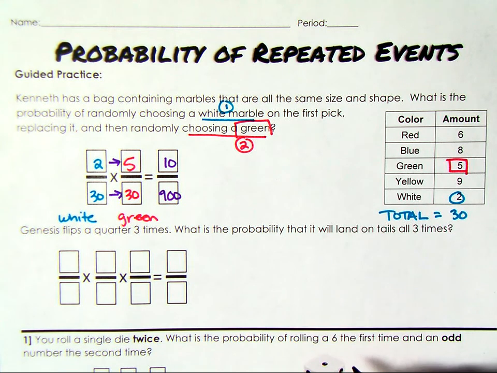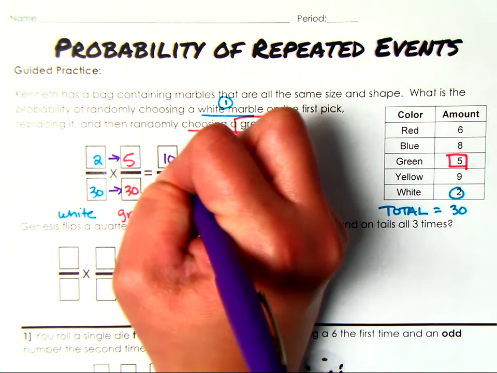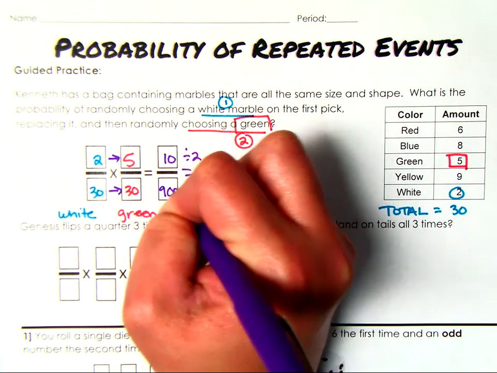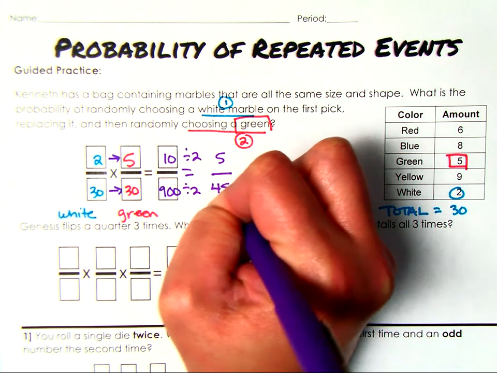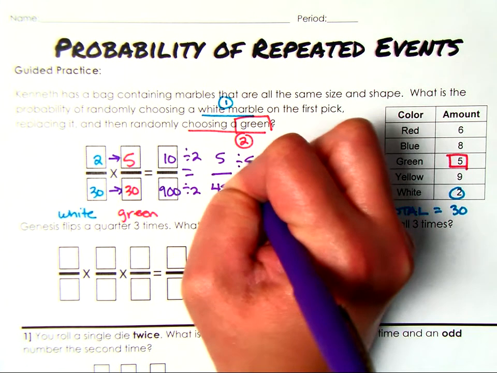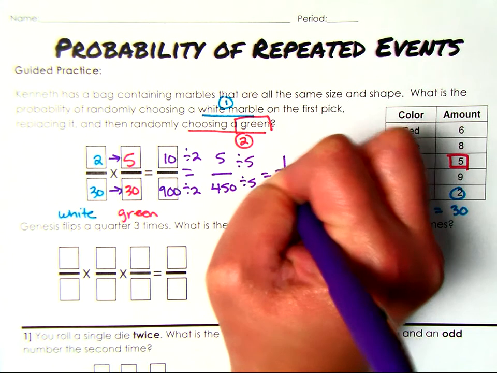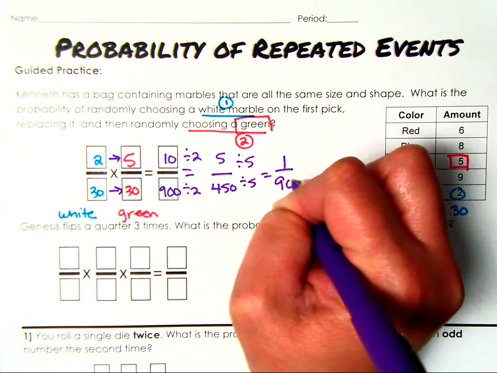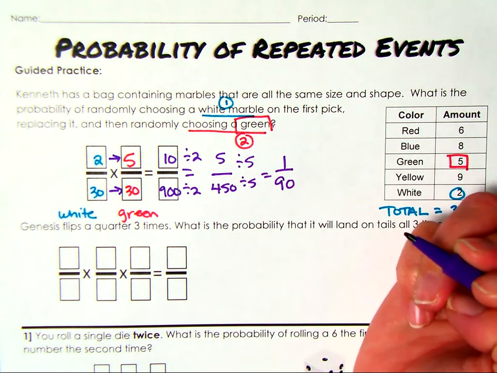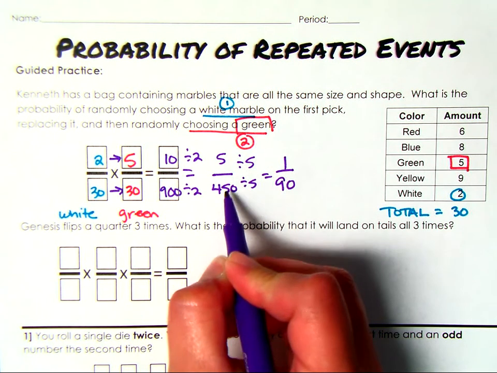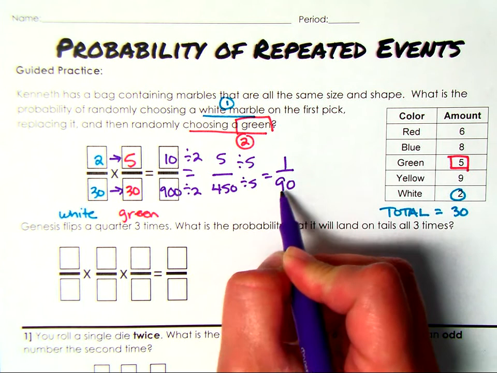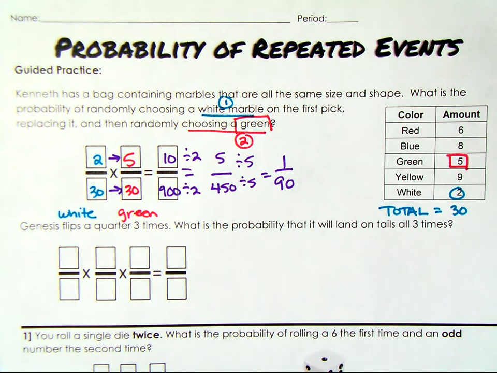We could divide this by 2 and get 5 on the top. Half of 900 is 450. Then we could divide by 5 again, and we would get 1 out of 90. So if you wrote 10 out of 900 or 5 out of 450 or 1 out of 90, technically all 3 of those answers are right.